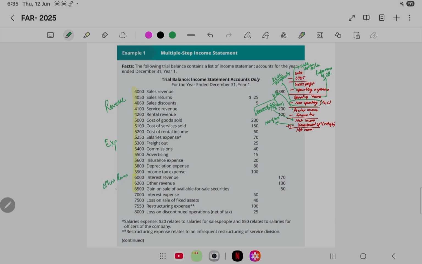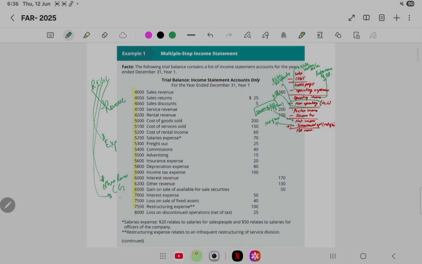Basically that is a part of G, and 7,000 is a part of L.